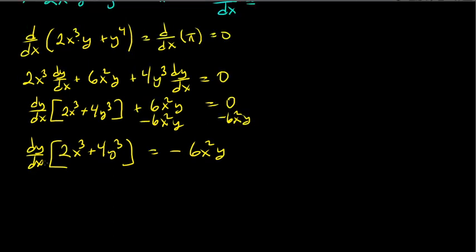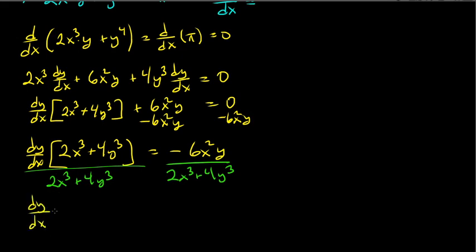Right, and then just divide both sides by this entire factor, 2x cubed plus 4y cubed. And then that should be your derivative. Oh, I think we can divide by 2, right? So if we factor out a 2 here, okay, negative 3x squared y times 2.